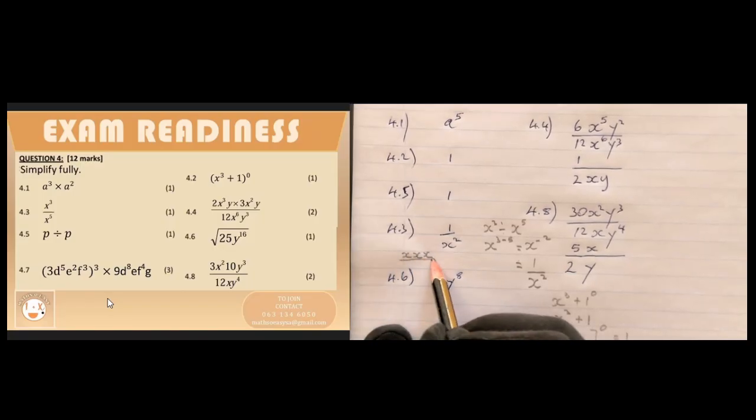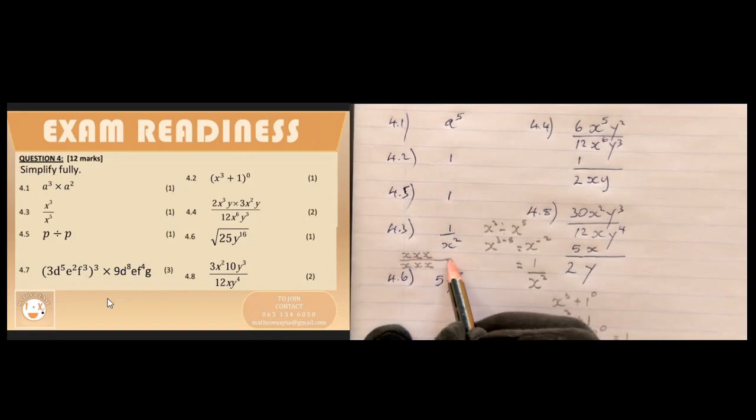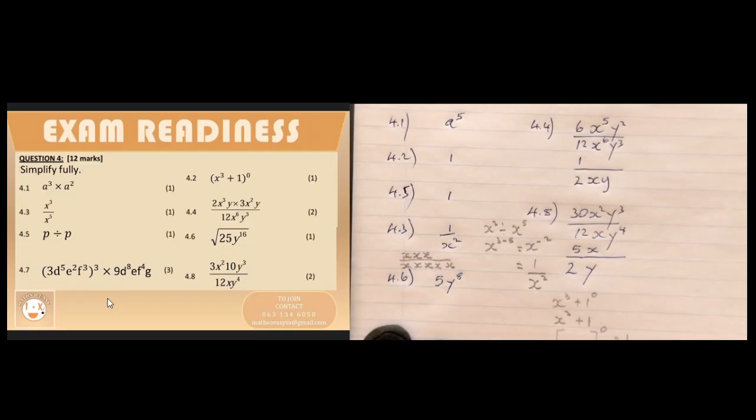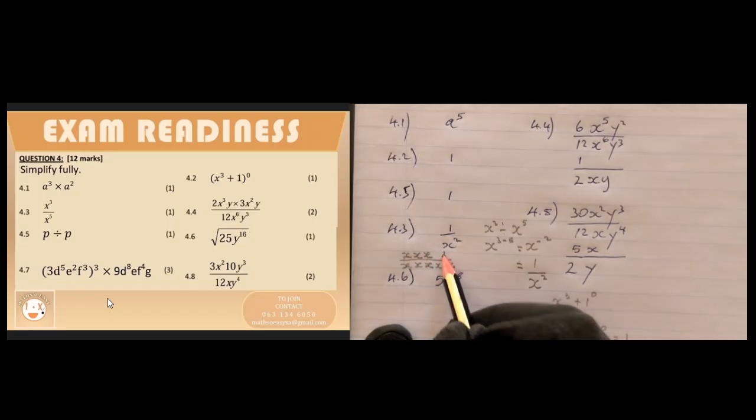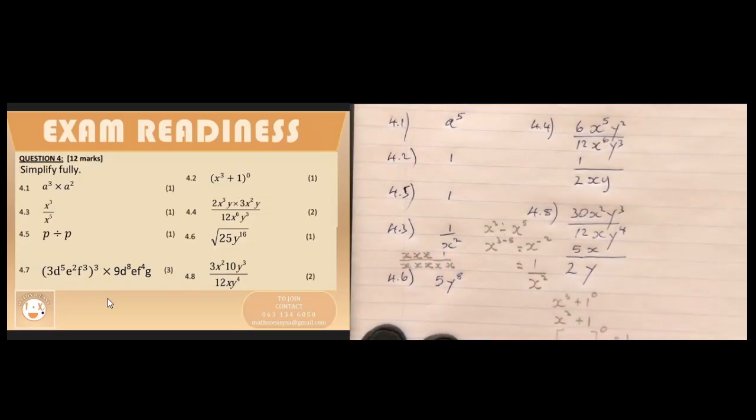You have how many x's? 1, 2, 3, 4, 5. And these ones, they even out, isn't it? They take care of each other. So you'll be left with 2. 1 times 1 times 1, invisible ones, leave me with 1. And then x times x is what? x squared. That's how you think about it.